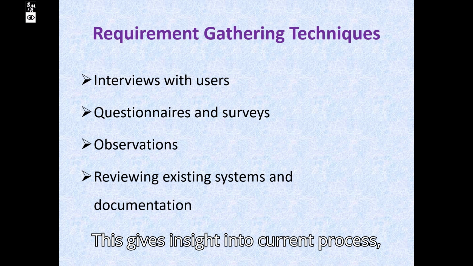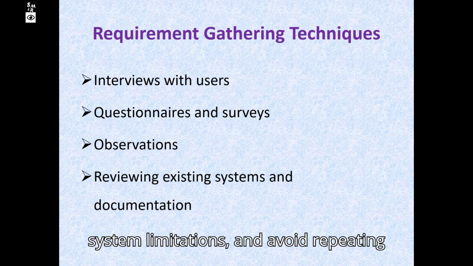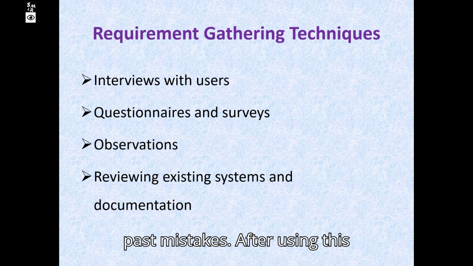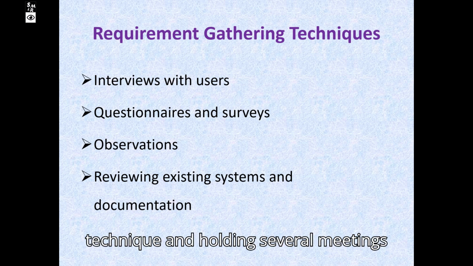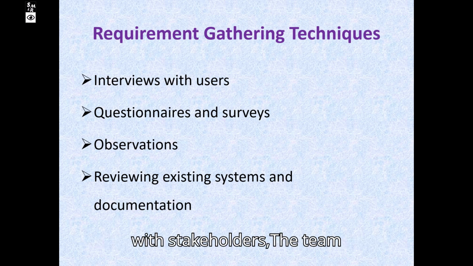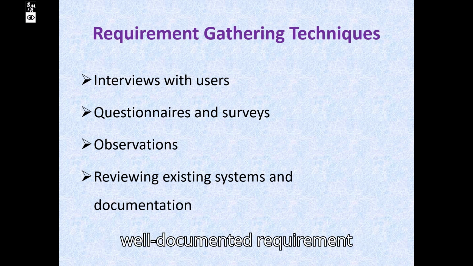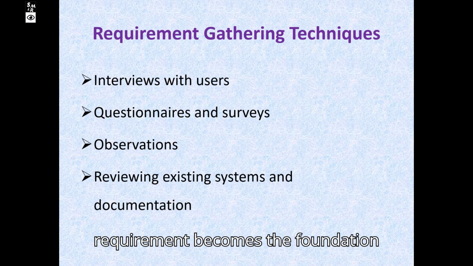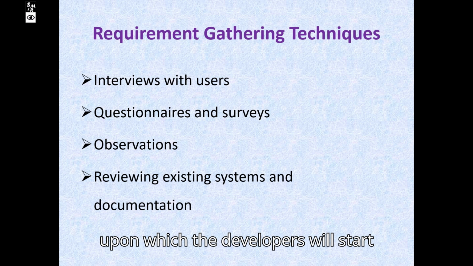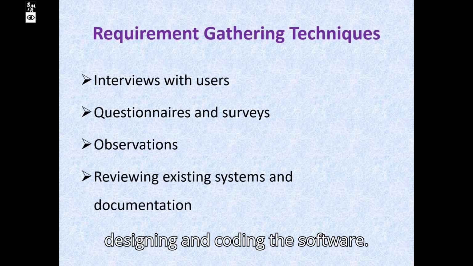This gives insight into current processes, system limitations, and avoids repeating past mistakes. After using these techniques and holding several meetings with the stakeholders, the team consolidates all findings into a final, well-documented requirement specification. This finalized requirement becomes the foundation upon which the developers will start designing and coding the software.